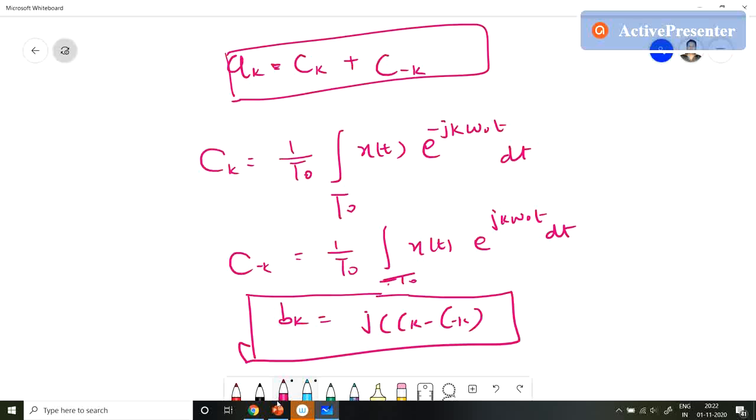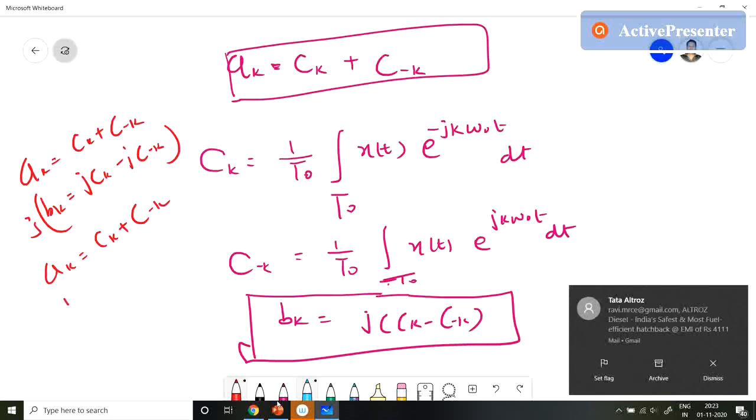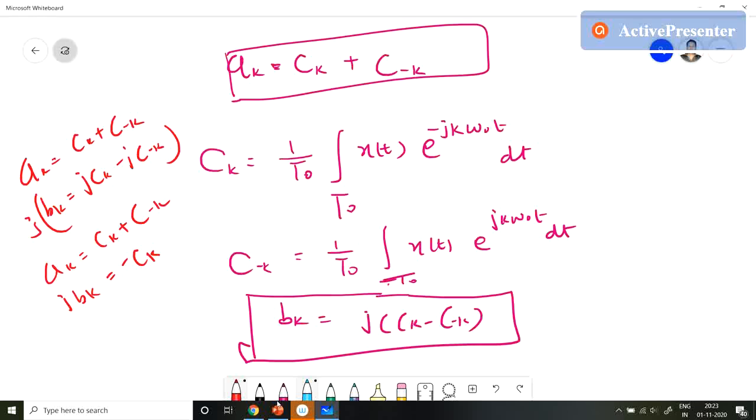Now if we use these two relations, we have ak is equal to ck plus c of minus k, and bk is equal to j times ck minus j times c of minus k. Now if we multiply this term by j, we will get ak is equal to ck plus c of minus k, and here we are getting j bk is equal to minus ck plus c of minus k.